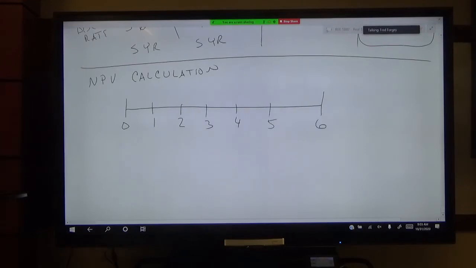Okay, so let's say we got 6 months. And during this 6 months, we are going to be spending money, and let's just say we are going to spend $100,000 here, maybe for the first 3 months.